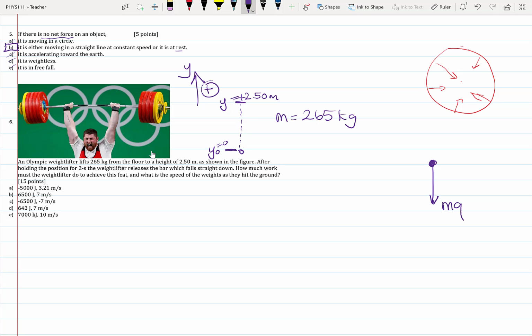There's its weight down, mg. And then the weightlifter is pushing on the bar as well. That's going to be the normal force on the weight.